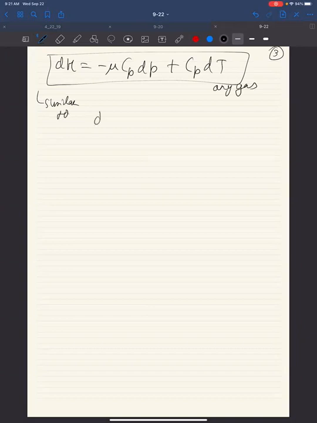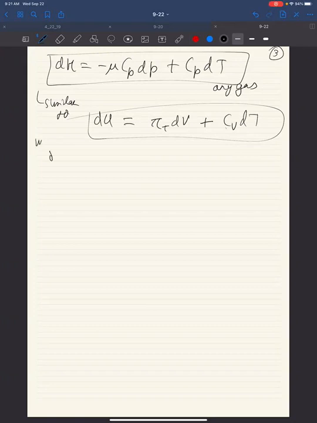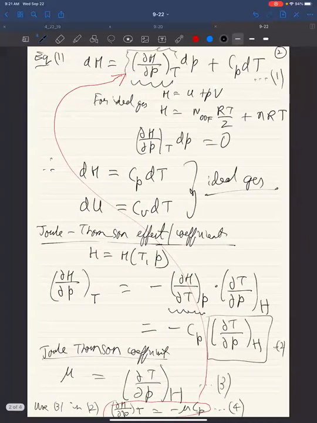Similar to dU is equal to pi_T dV plus Cv dT. So we just showed earlier that partial H by partial P at constant T.